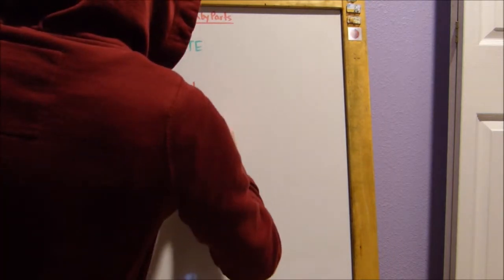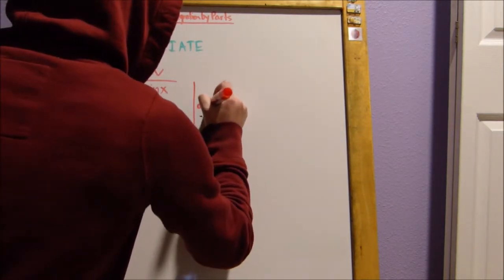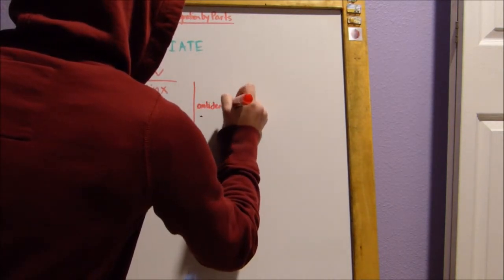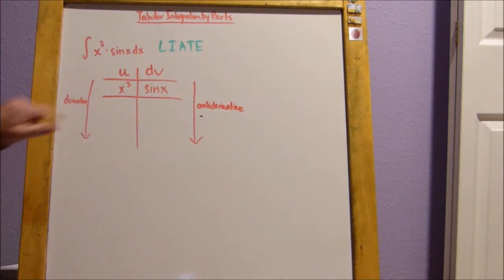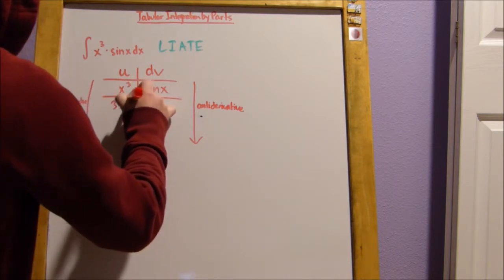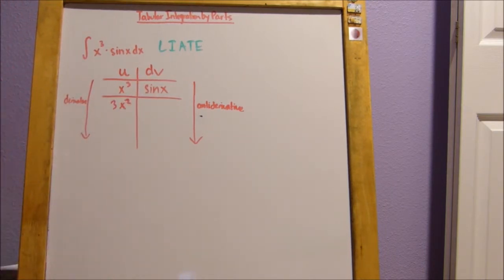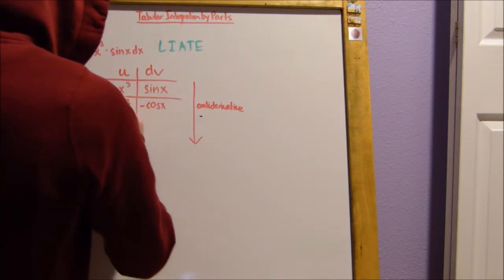Now here, as you go down, you're going to take the antiderivative. Okay? So the derivative of x cubed is 3x squared, and our antiderivative of sine of x is negative cosine of x.